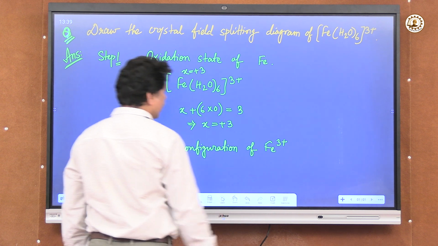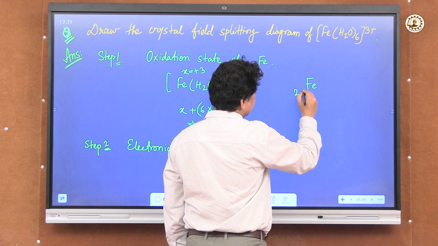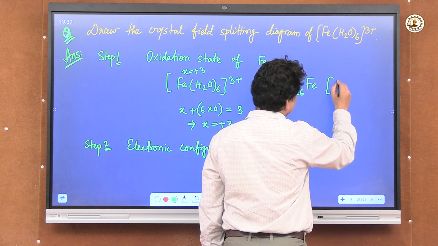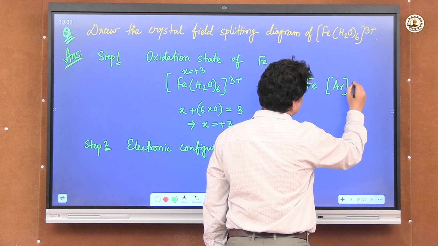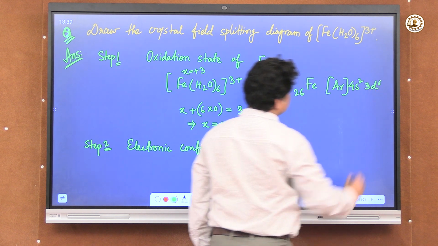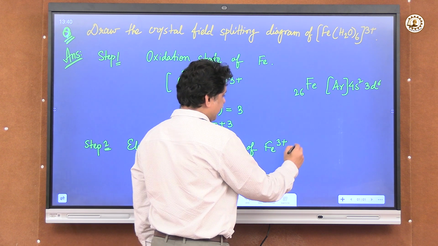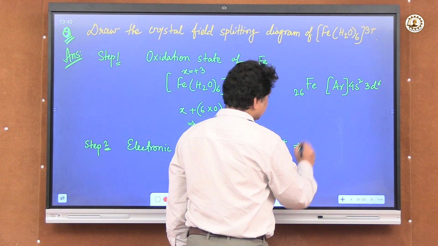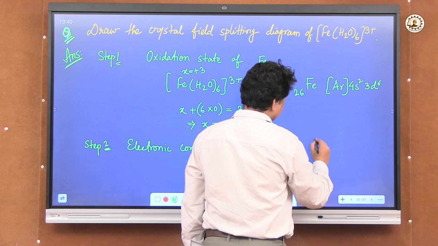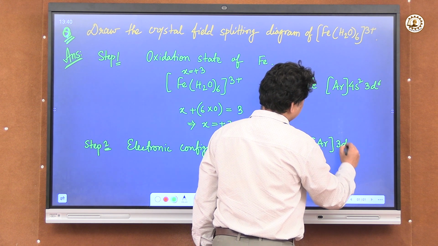We already know the atomic number of iron is 26, hence it is argon 4s2 3d6. Therefore, for Fe3+, of course 3 electrons were removed, so the configuration becomes argon 3d5.